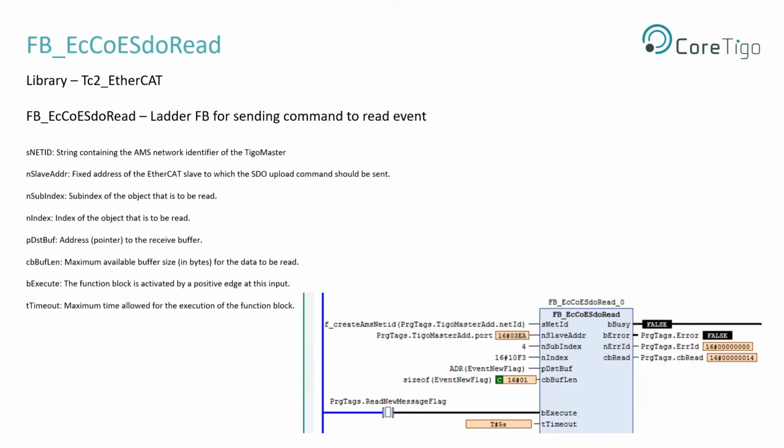In order to read events, we will use the function block ECCOE-SDO-read in the TwinCAT environment. This ladder block can be found in the TC2 EtherCAT library.